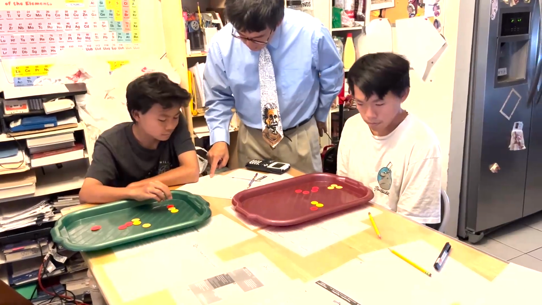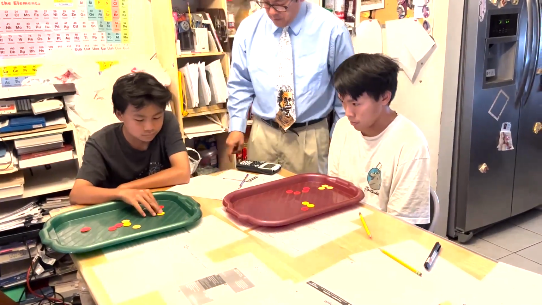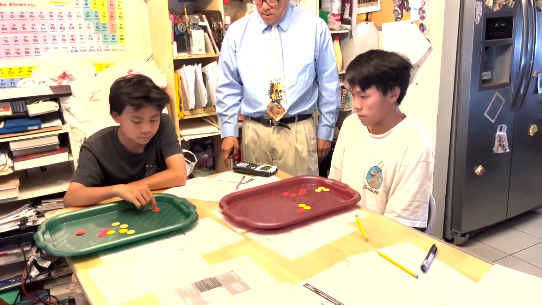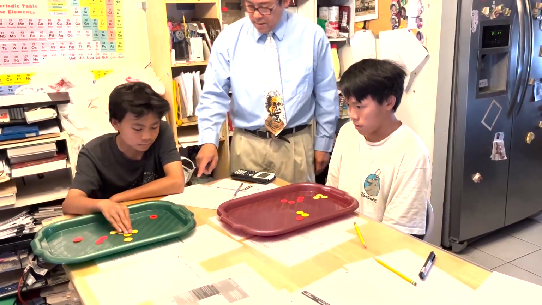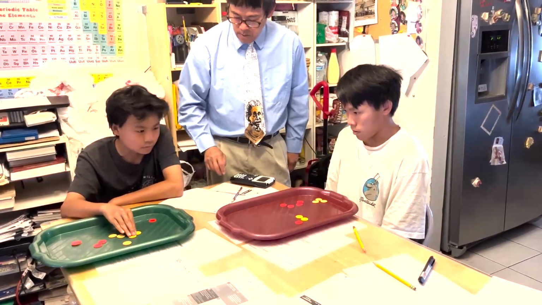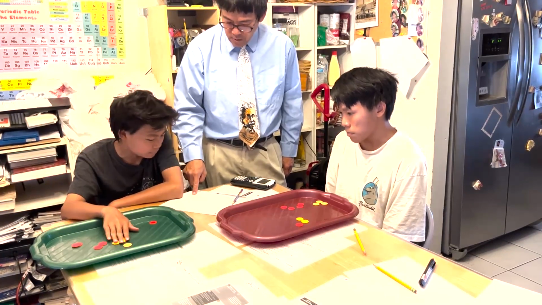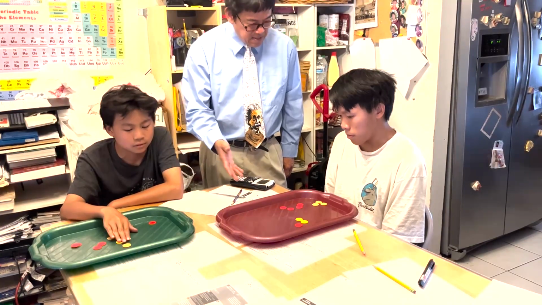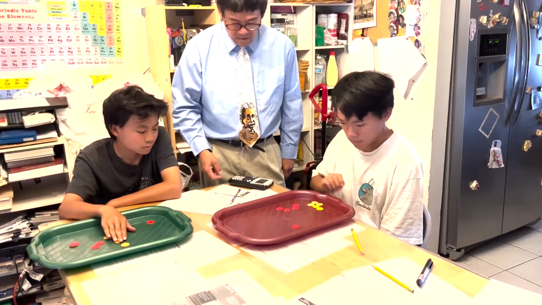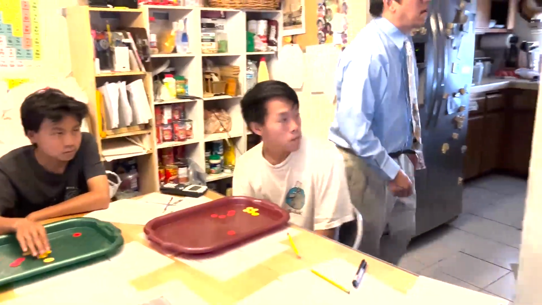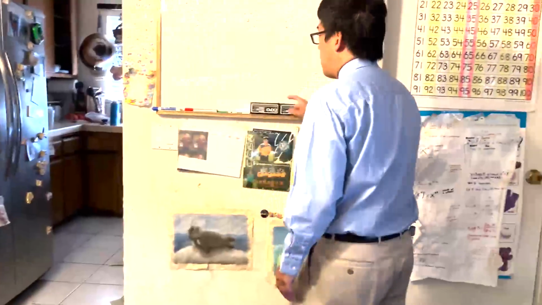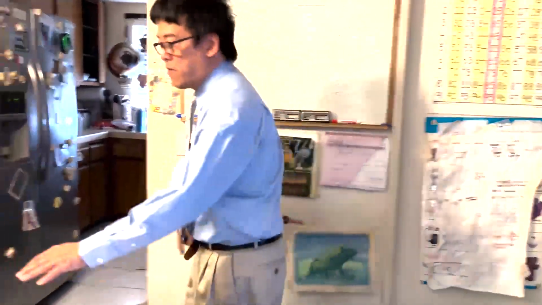So -1 minus 2. Where's your -1? Okay, and we want to take away what? Hold on. What do we want to take away? 2 yellows. Are there any yellows there? So what do we do? So we add 0 pairs. Okay, so we have a negative here.